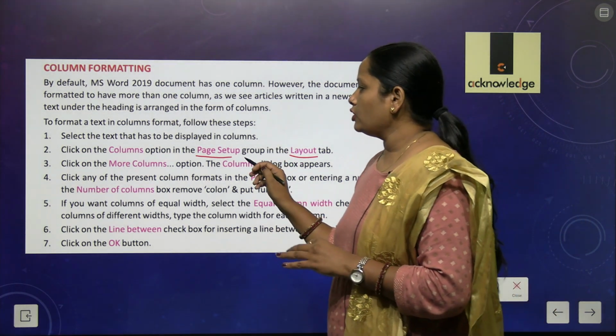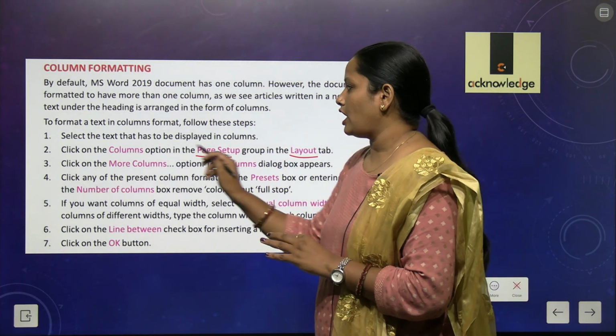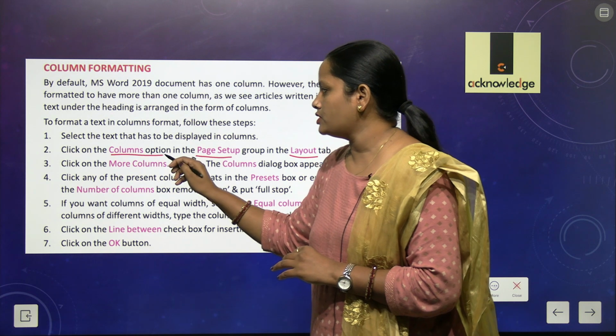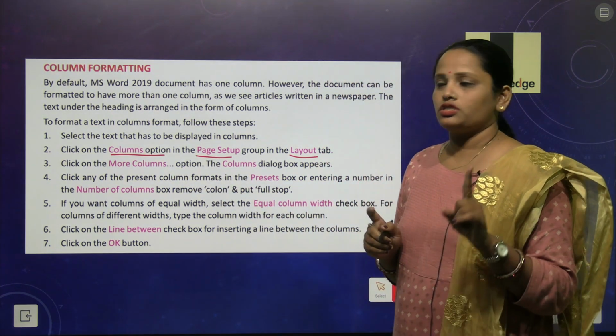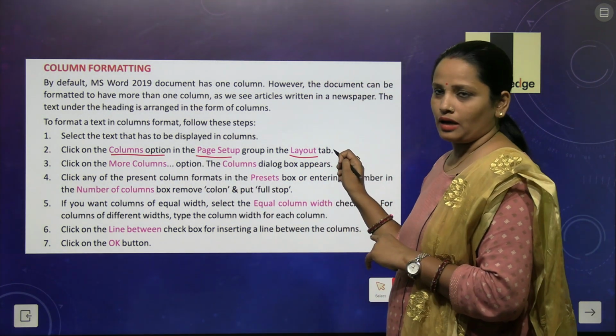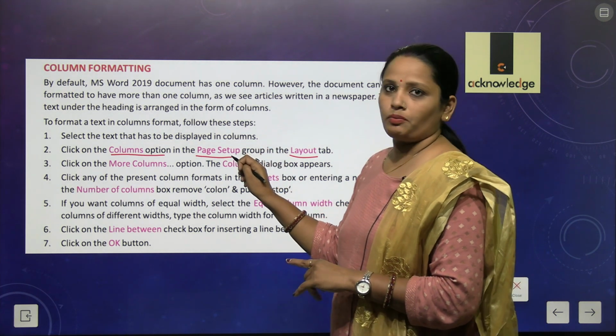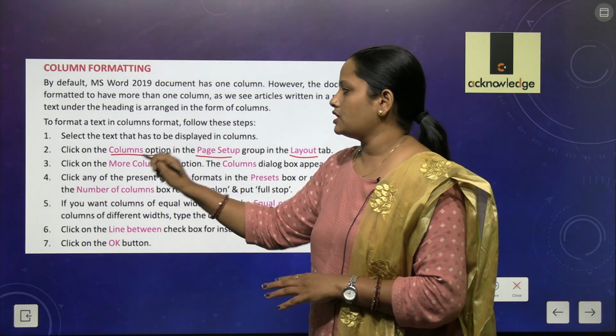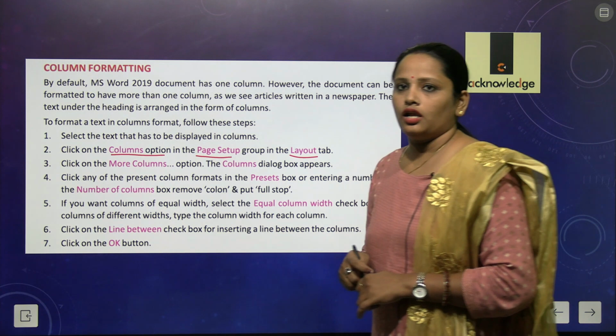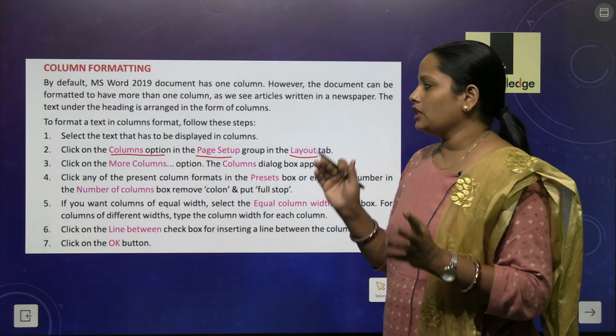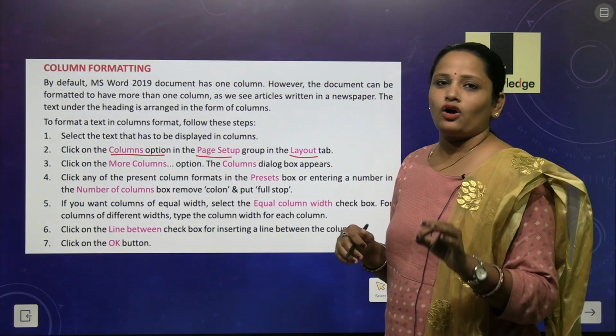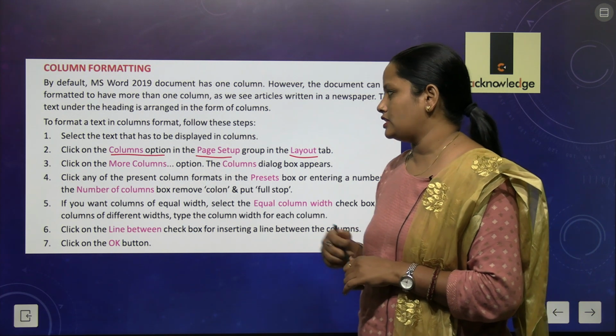After going to the Page Setup group, we have to go to the Columns option. So first is going to the Layout tab, next the Page Setup group, and next the Columns option. When we click on the Columns option, what will we see?